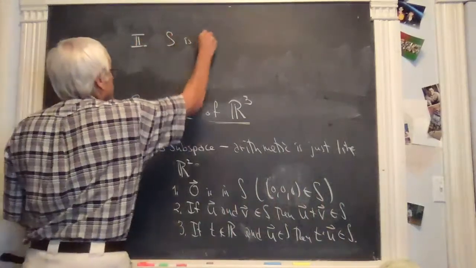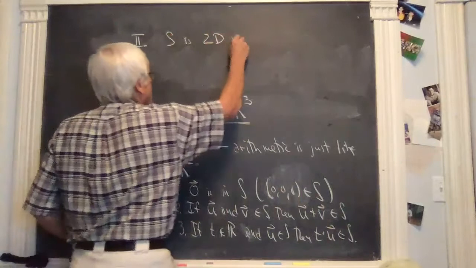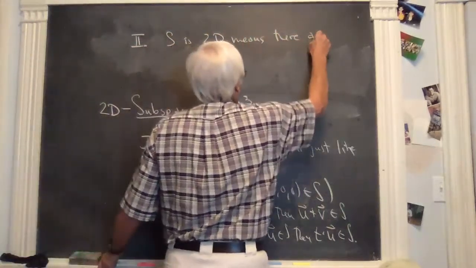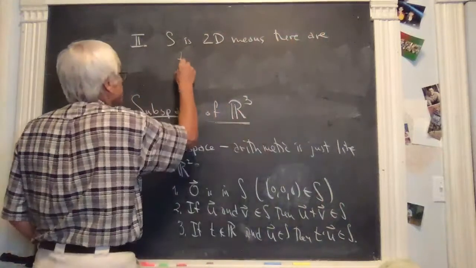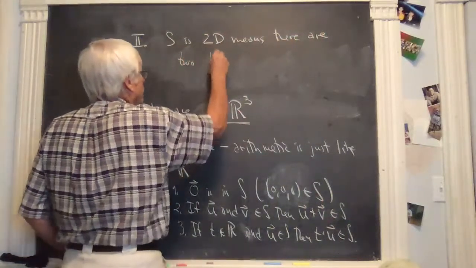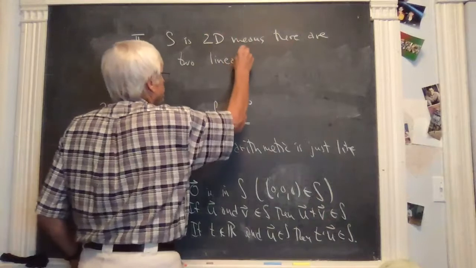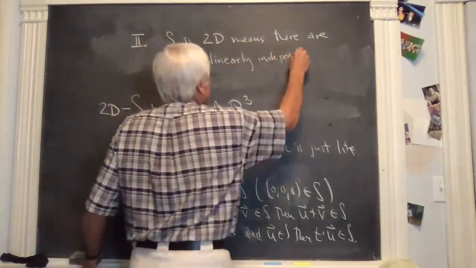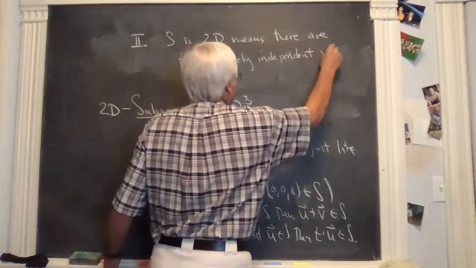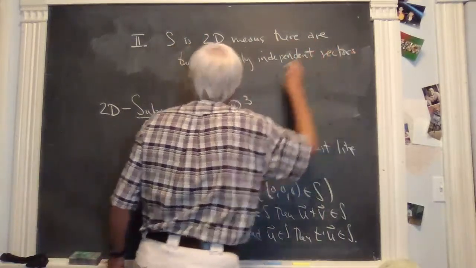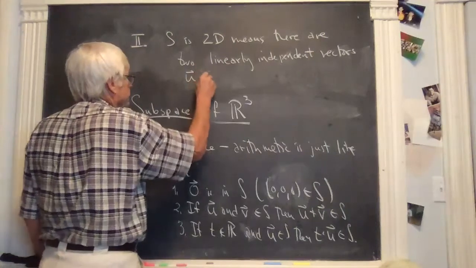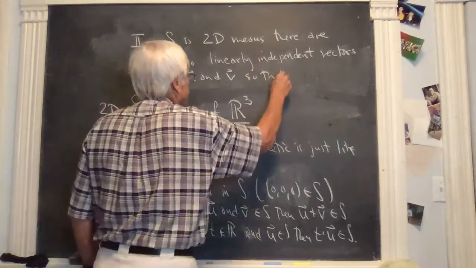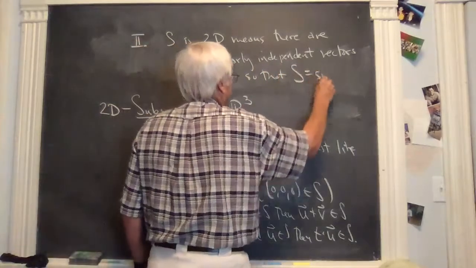S is 2D means there are two linearly independent vectors U and V, say, so that S equals the span of these two.